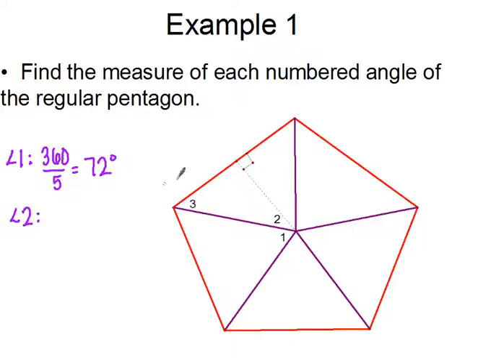Alright, for angle 2, what happens when we draw this height down? We said these were isosceles triangles. So when we draw this height down, it actually splits the angle here in half and creates angle 2. So angle 2 is actually half of 72. So it's 36 degrees. And then angle 3, we have a right triangle.